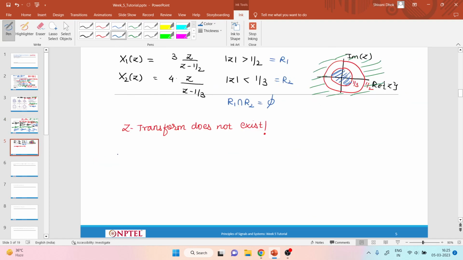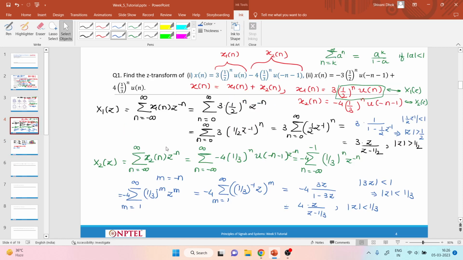Let us say I have x of n of the form a power n u of n. If we look at the z transform of this, we have this constant 3 as it is, and the remaining part is z upon z minus 1 by 2, and here my a was 1 by 2.